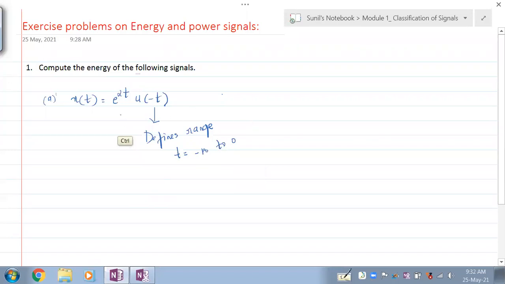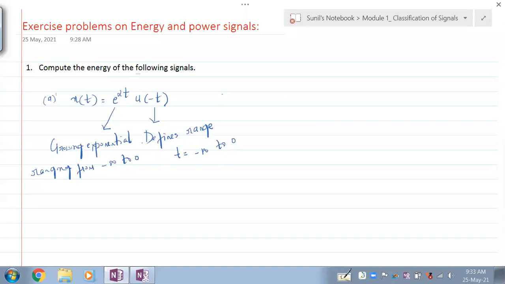That means e power 2t, what type of exponential is that? It is a growing exponential, ranging from minus infinity to 0. So this is what we need to extract from this particular example.